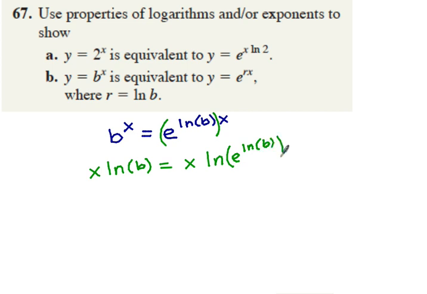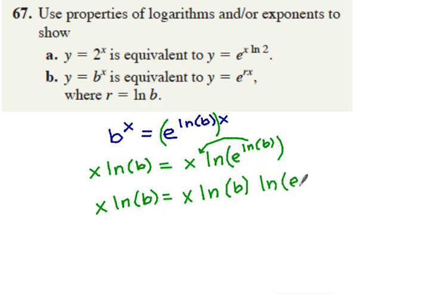And then what's one of those properties we have with natural logs, or logs in general? What are we able to do with the exponents inside of a log? We can move them out in front, right? So this can get moved. And so we'll end up with x times our natural log of b equals x times, we're going to move this, times the natural log of b, which leaves us times natural log of e.